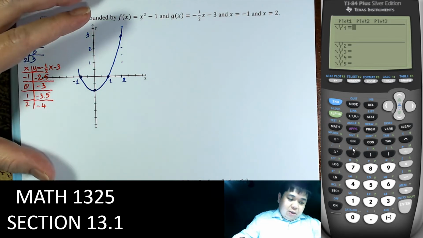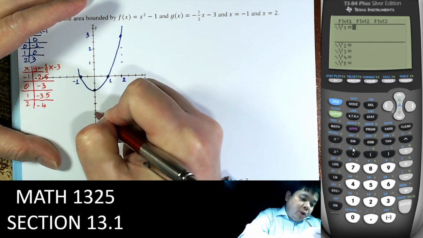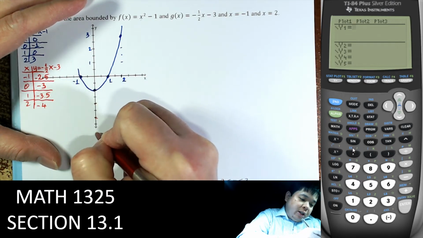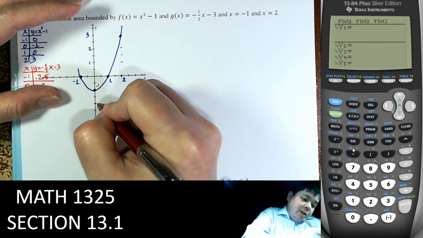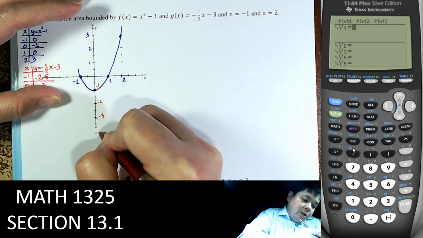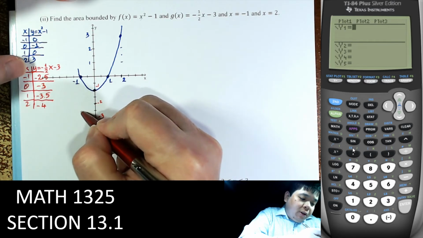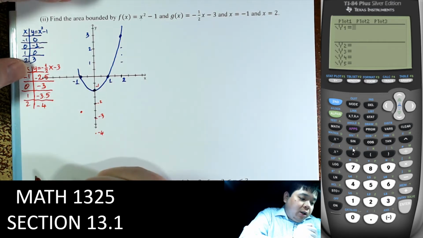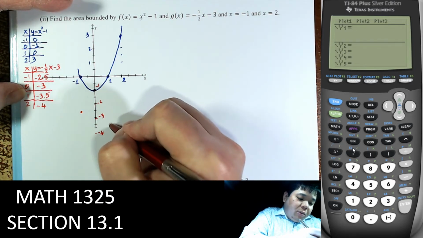Right, so just plot those points. -1 is -2.5. At 0 is -3. At 1 is -3.5.